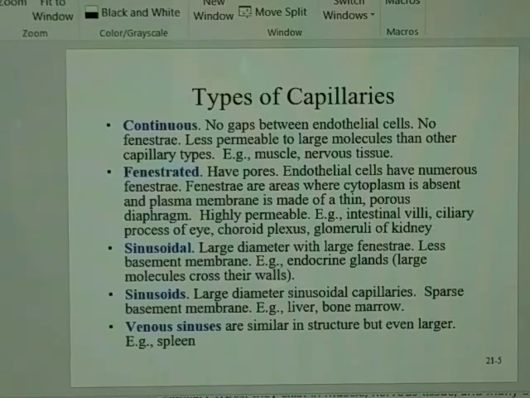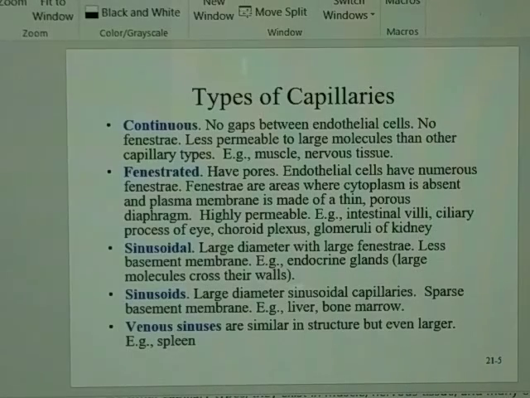The capillaries that are fenestrated are going to have pores. This means that the simple squamous endothelial cells have a lot of fenestrae. Fenestrated capillaries are in tissues where the capillaries are very highly permeable, like for example, in the intestines.